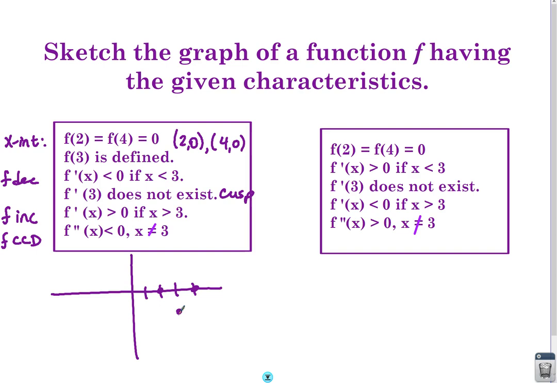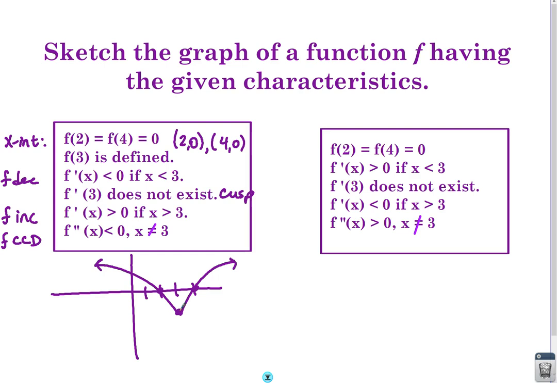And when we grade this kind of stuff, we look to make sure that you satisfy all of these requirements, but you can have some variation. So because my function is decreasing and concave down, I'm going to go this way, over here, and then increasing concave down on that side. So that's a potential option for my graph. It doesn't have to look exactly like this.